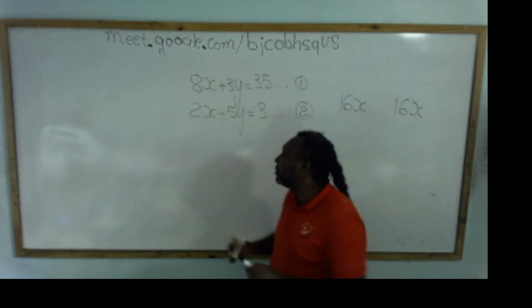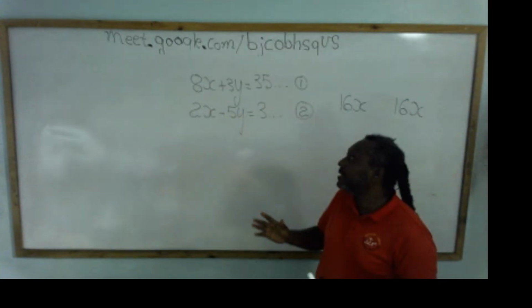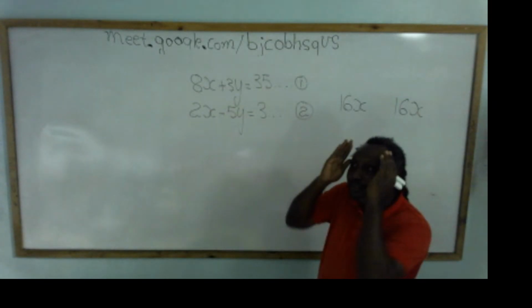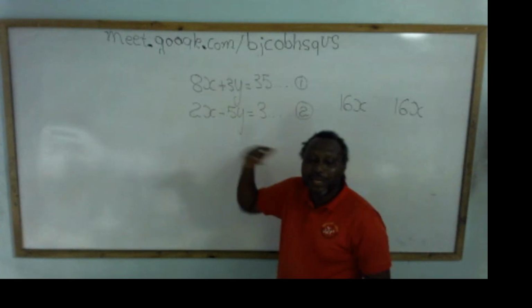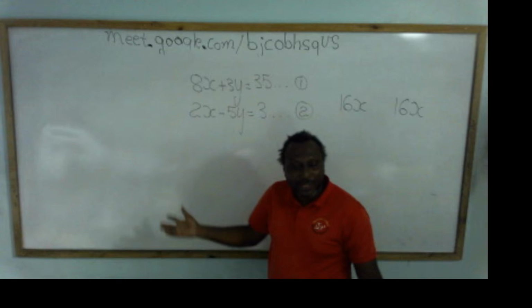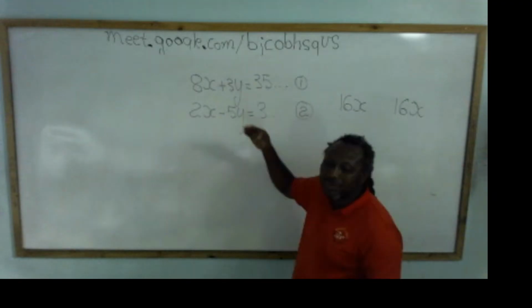Now, I'm demonstrating that it is not just for you to think in a narrow way to just eliminate the x's. You may also eliminate the y's if you please, if it is simpler. Not that this one is simpler, but I'm just demonstrating that the y's may be eliminated.